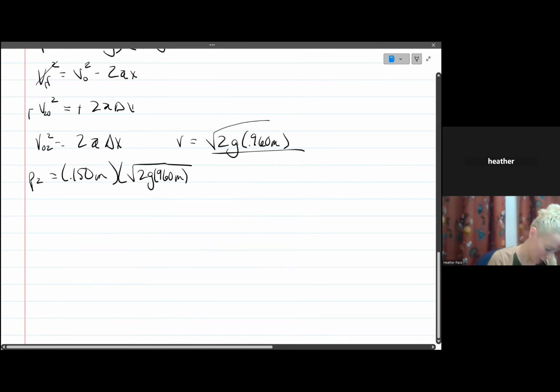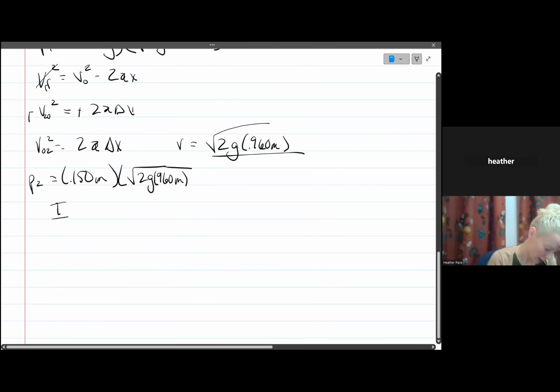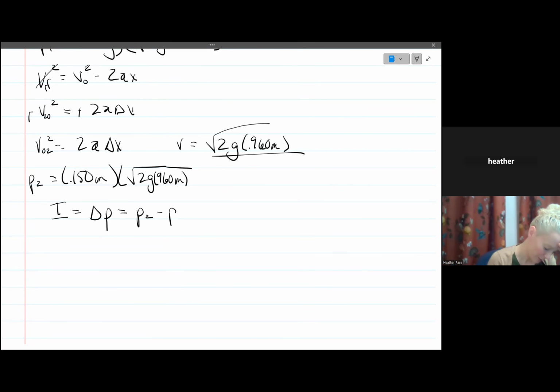So then we have our impulse equals change in momentum, which is P2 minus P1. But our momentum is negative for our first and positive for our second.